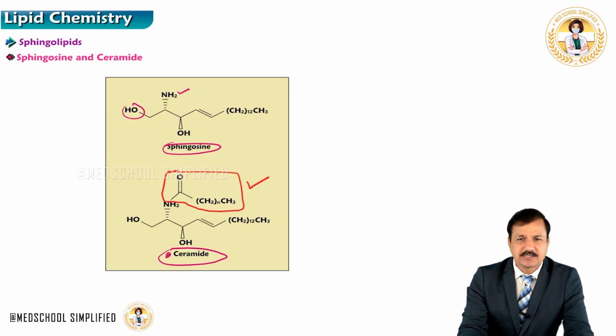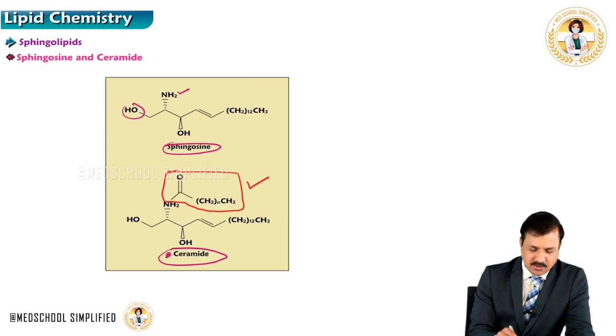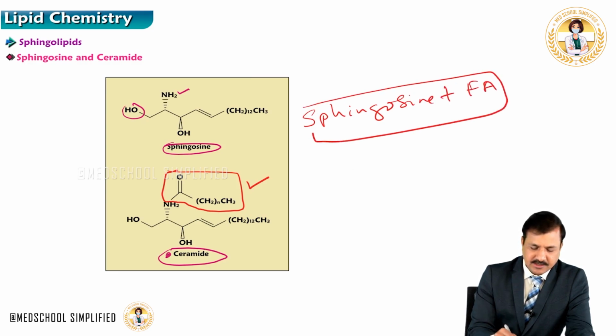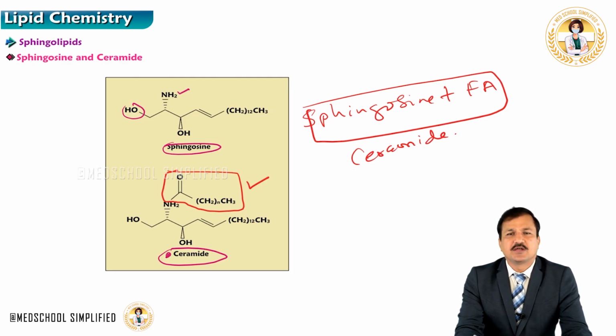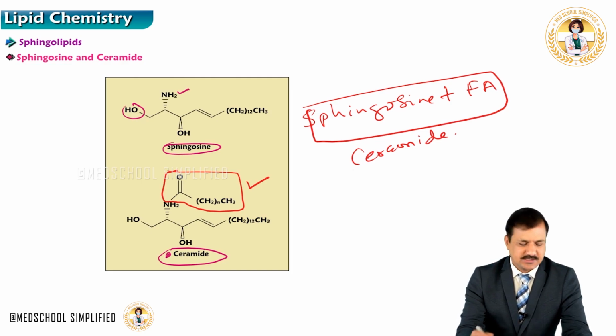So ceramide is nothing but a sphingosine plus a fatty acid attached to it, and that is what is called a ceramide. And this is a little bit of introduction to the structural aspect of sphingosine and ceramide. Let's get into the synthesis of sphingosine and further how a ceramide is synthesized.